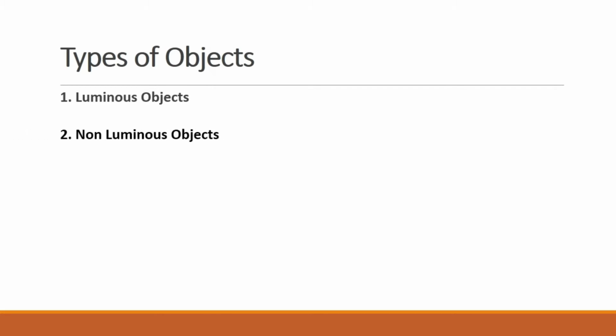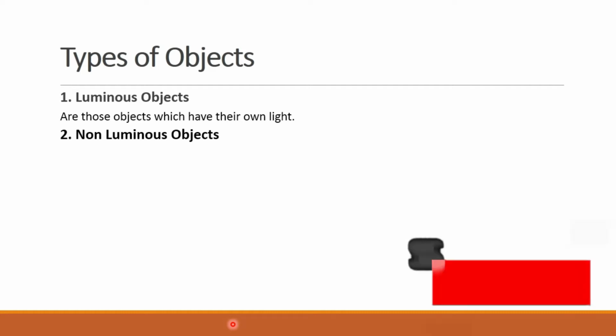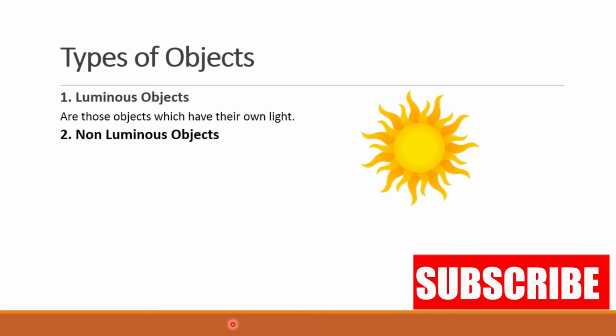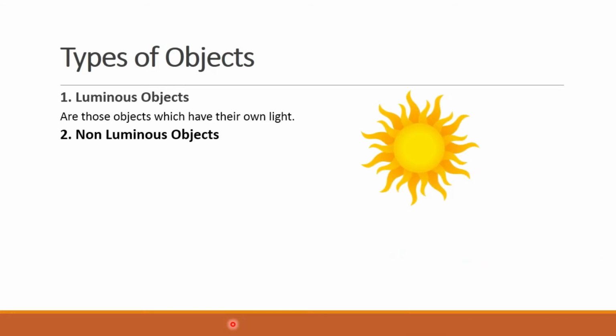So what is a luminous object? Luminous objects are those objects which have their own light. It means if the object has its own light, that is known as what object? Luminous object. Like if I am taking the example of the sun, the sun is which object? Luminous object. It is a natural object.